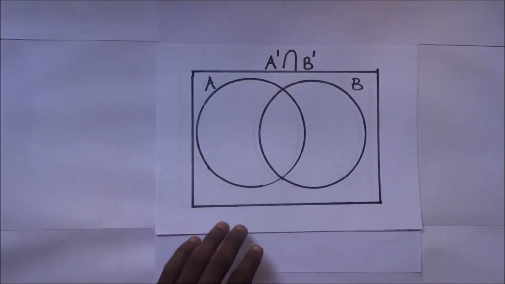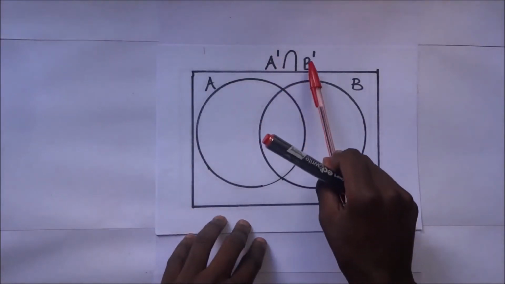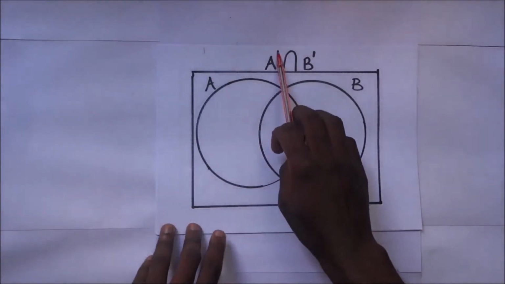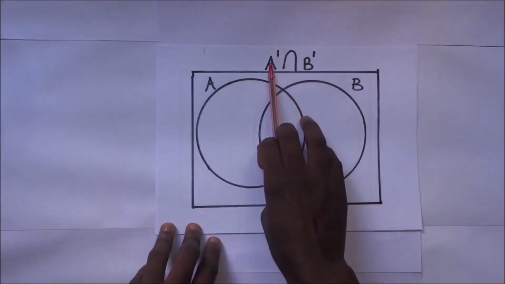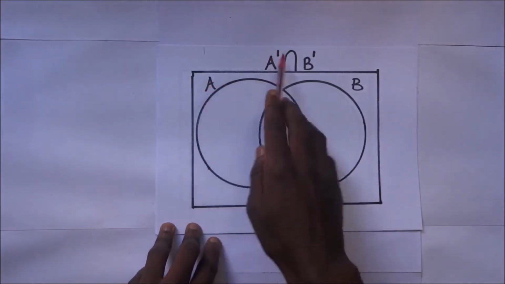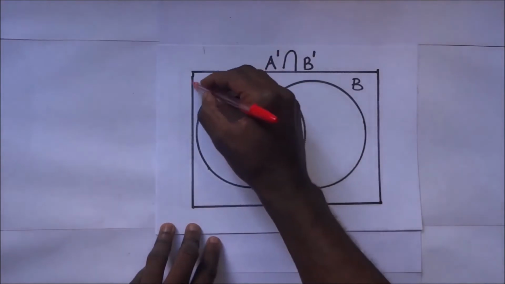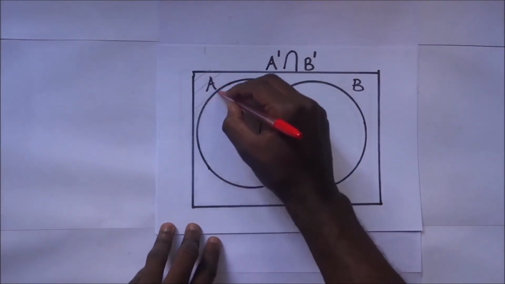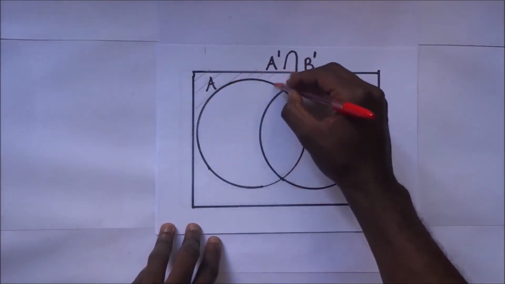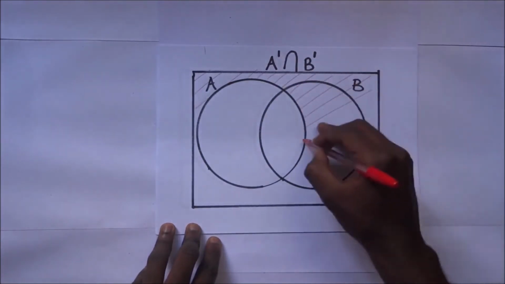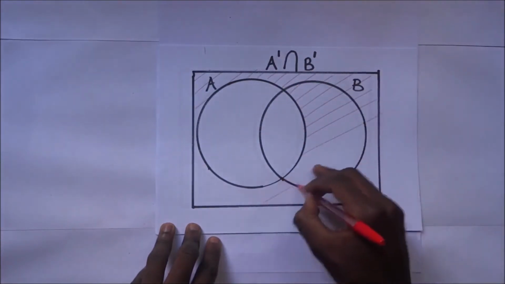So we have set A complement intersection B complement. Same. Now A complement means that we shade everything else but A. So we shall shade outside A for A complement in that direction. So shading set A complement means you're going to shade outside set A and you're going to leave set A intact like that.